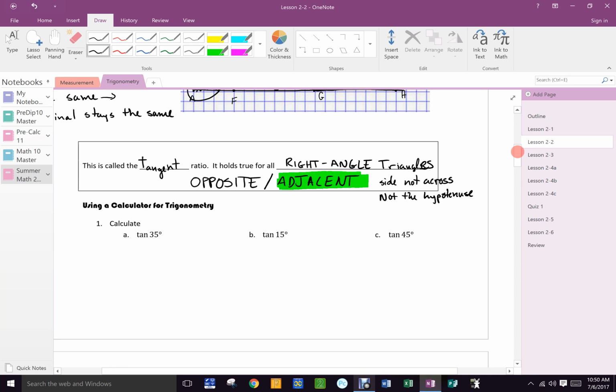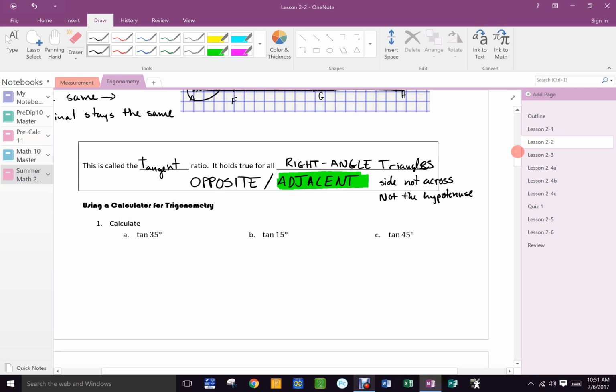If you still have not gotten a calculator, you are still trying to use your phone, this is going to be a very difficult unit for you. If you have not bought a calculator yet, make sure you buy the right kind of calculator if you're going to go out and buy one.